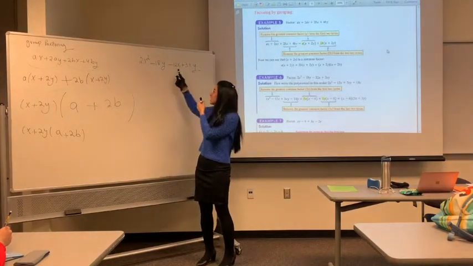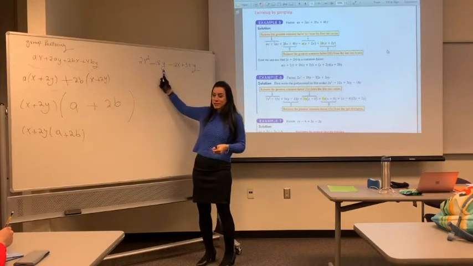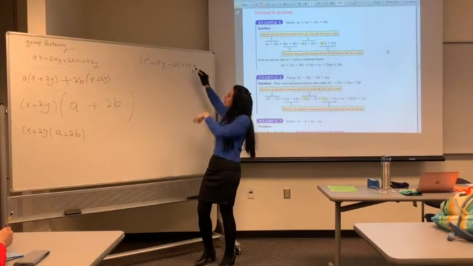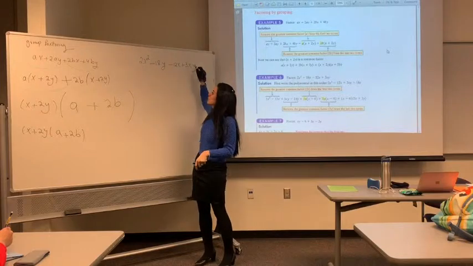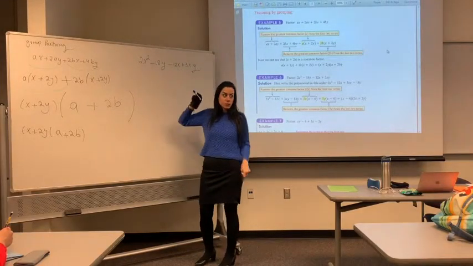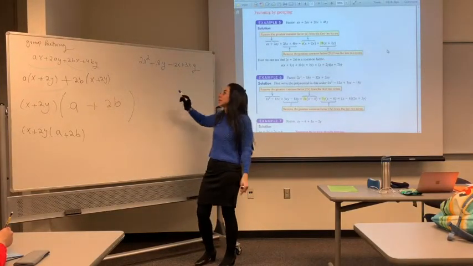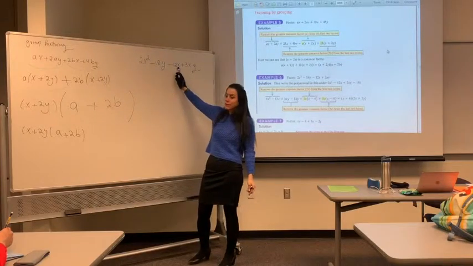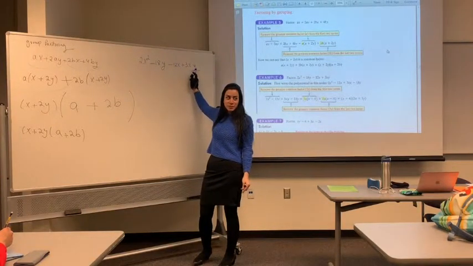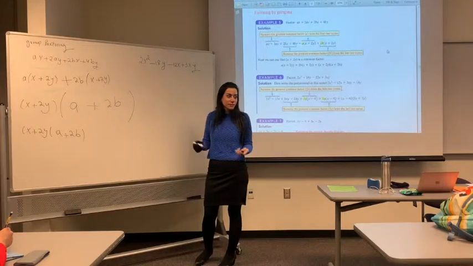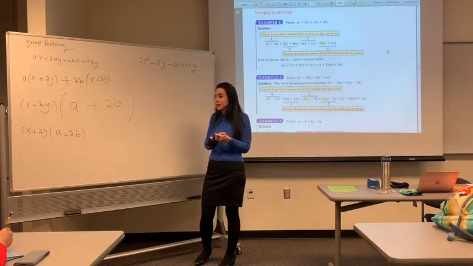So x is common between these 3 terms, but not this one, right? Y is common between these 2, but not in these 2. And then constant 2 is common between these 3, but this one doesn't have any 2, right? So that's why we have to use grouping.